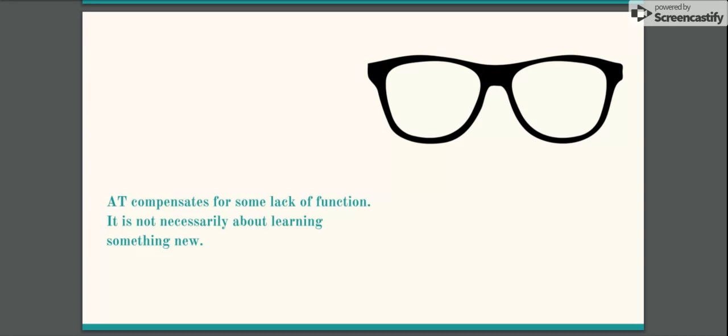They are allowing me to see better so I can learn new things, and they are an integral part of my learning process, but they are not teaching me anything new. So one thing to remember is that assistive technology compensates for some lack of function, but it does not necessarily teach me something new.